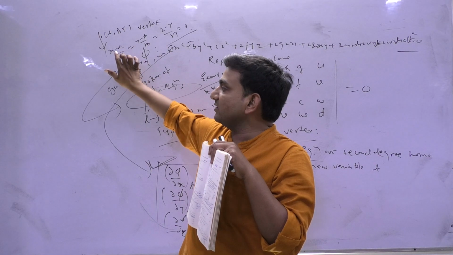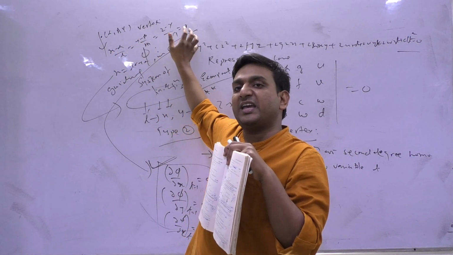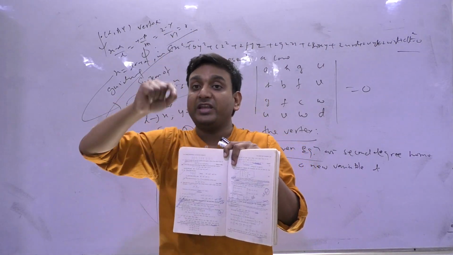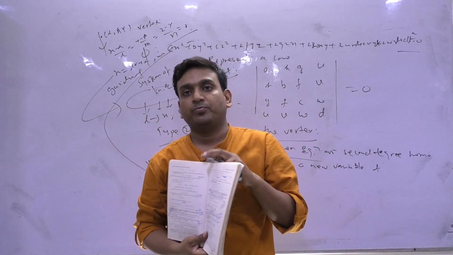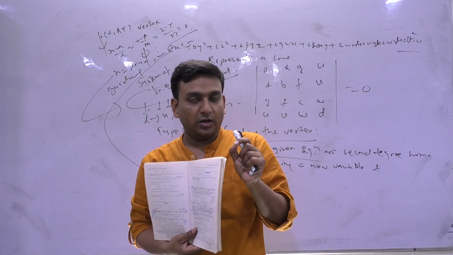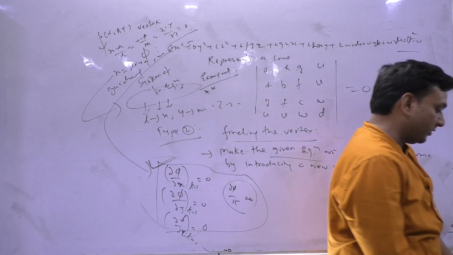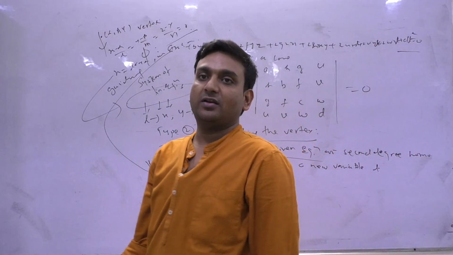If you are having x minus alpha, then l will be replaced by x minus alpha, m will be y minus beta, n will be z minus gamma. Please do notice this thing. Any issue from this segment? Cone. I hope you will now try questions of this cone section.